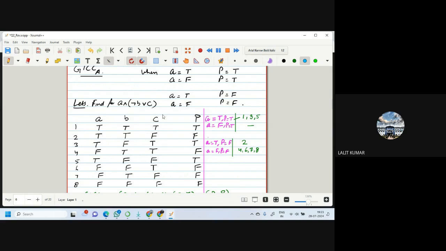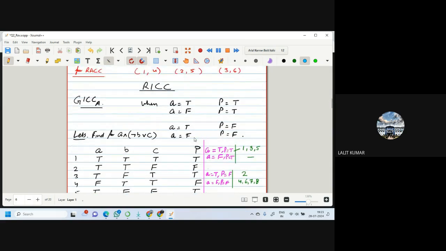For example, if I select major clause A and apply inactive clause, it means if A is true, the predicate is true, and if I make A false, my predicate remains true. It means A is not determining P. For P equal to false, again, A equal to true, P is false, A equal to false, P remains false. So these are the 4 conditions I have to check to find the combinations for the GICC of A.